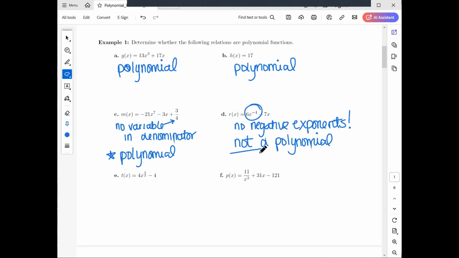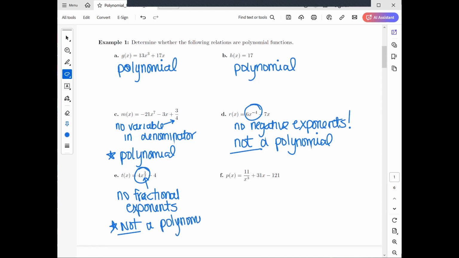Part E, we have t of x is equal to 4x to the 1/2 minus 4. Again, the issue is in our first term. We have a rule, no fractional exponents. And because he has an exponent that is a fraction, he is not a polynomial. Can't be part of our club if you can't follow the rules.